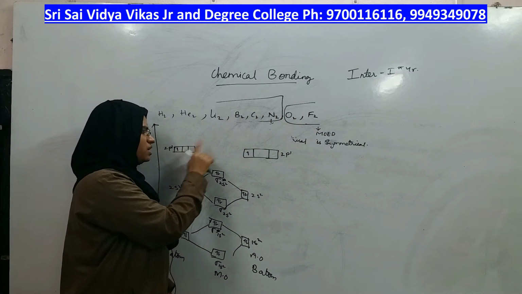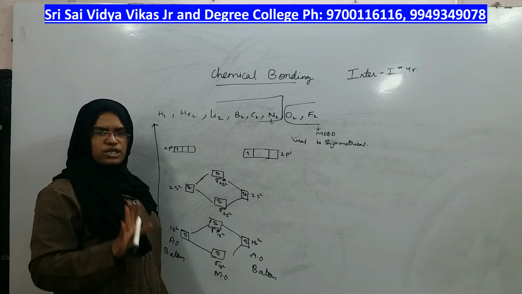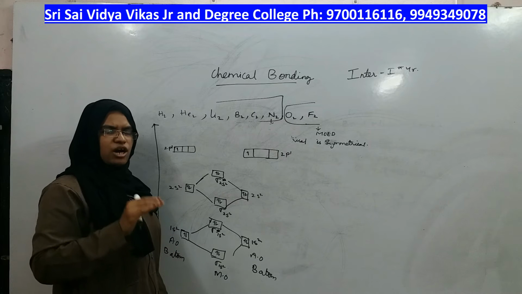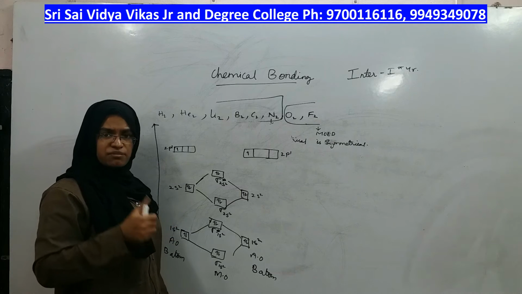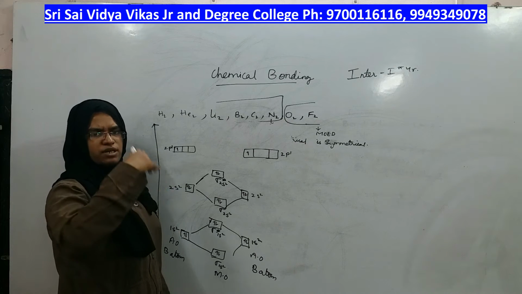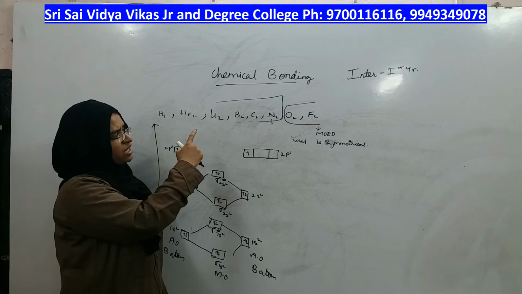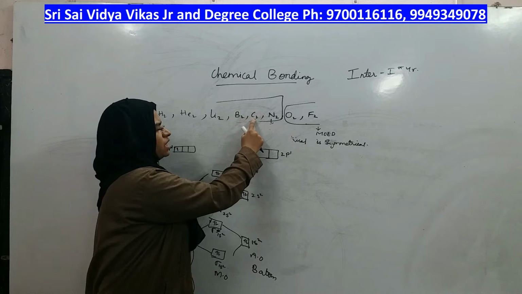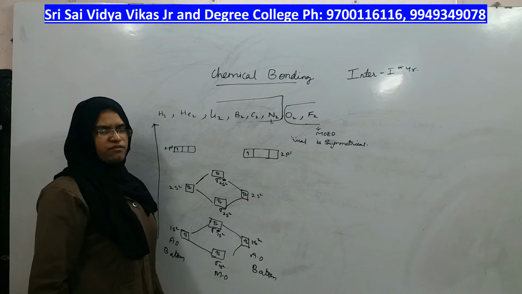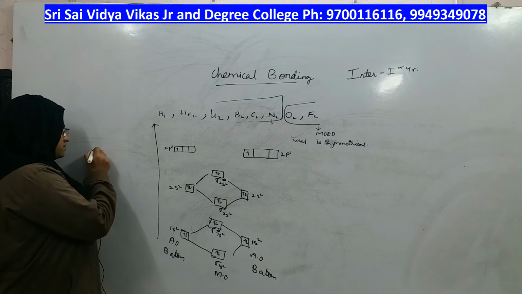So how many molecular orbitals should you get? 6. Out of that, half of them, which is 3 molecular orbitals, become bonding and 3 molecular orbitals become anti-bonding. And what did I say? For boron, carbon, nitrogen, the diagram is unsymmetrical. What does it mean by unsymmetrical?